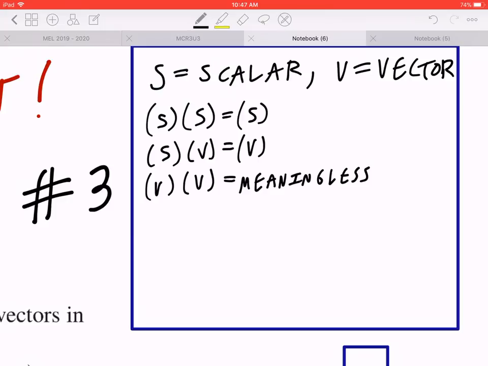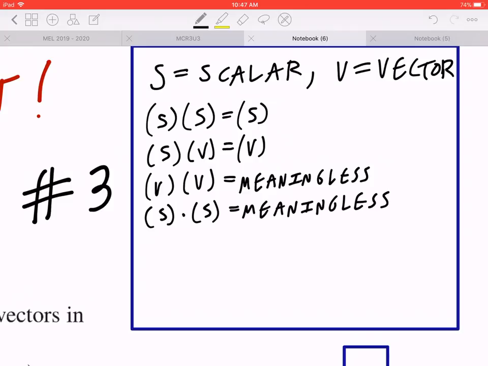Now, if you keep going and you think about this in terms of the dot product, you can take a scalar, dot it into a scalar, and again, this is going to be meaningless. So for example, you cannot say 5 dotted into 7. That doesn't make sense. You don't get an outcome, so it's meaningless.